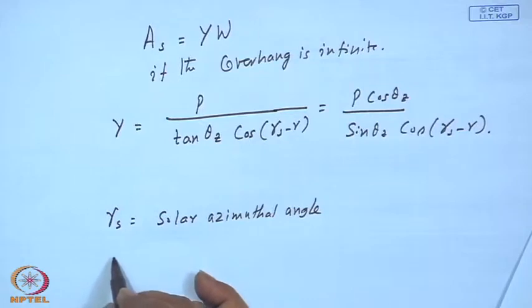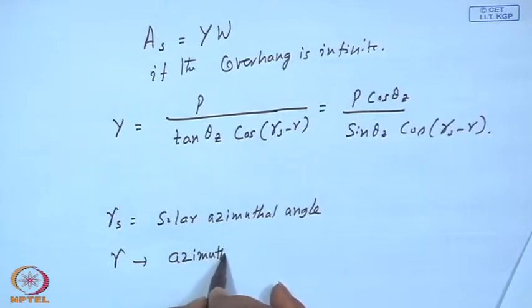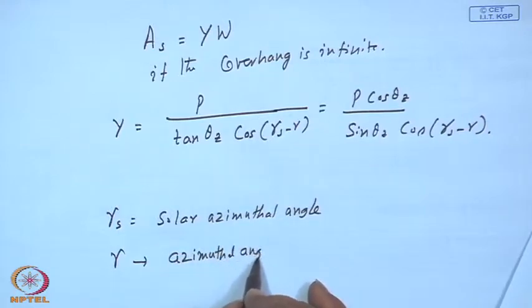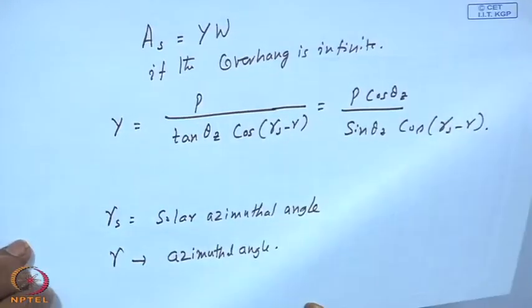We have introduced the azimuthal angle for the surface as the angle between the north-south axis and the projection of the outer normal to the surface on the horizontal plane, whatever is the angle.